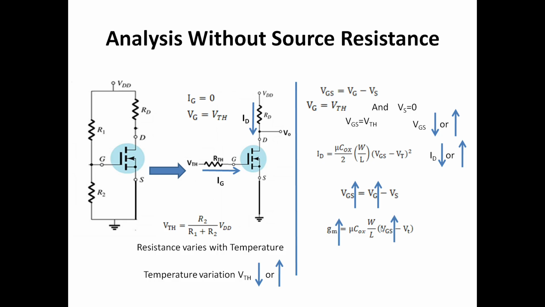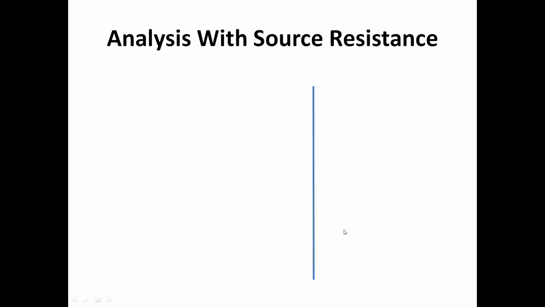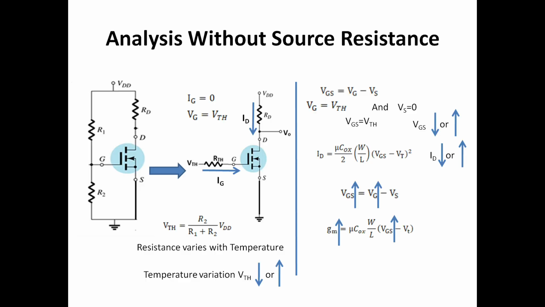If Vgs increases, then transconductance also increases. Now in this circuit we have seen, if the gate potential increases, then the drain current and the transconductance increase. In this circuit there is no source resistor.